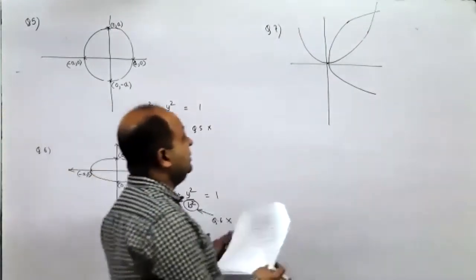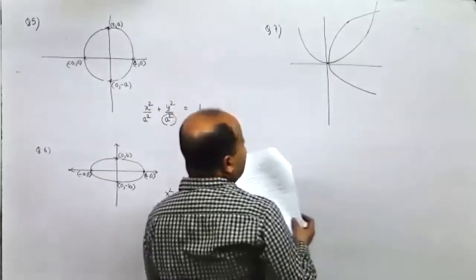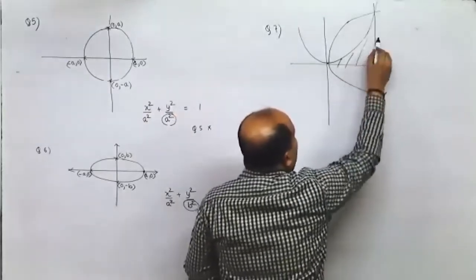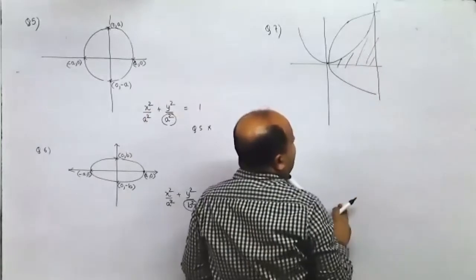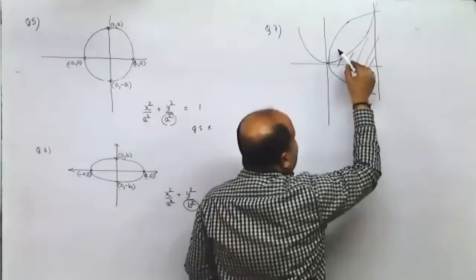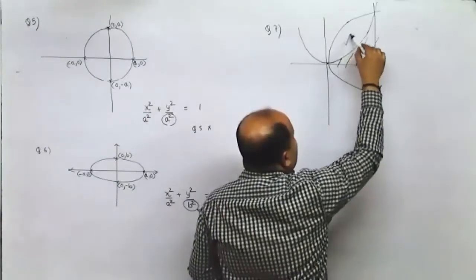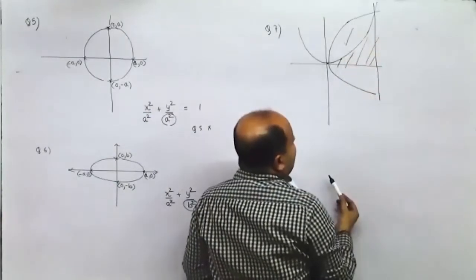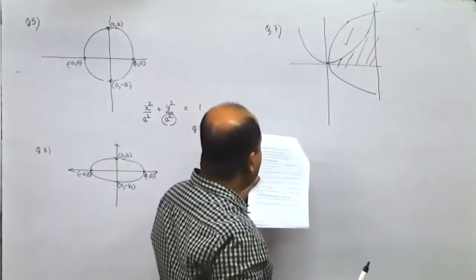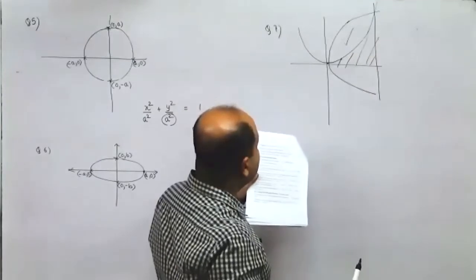Suppose I need this one. Now, if I want the area bounded by the two curves, it is this. Area bounded by the curves and the x axis.